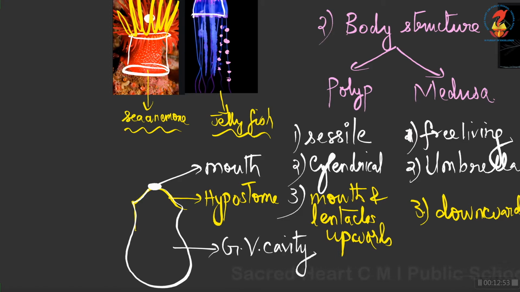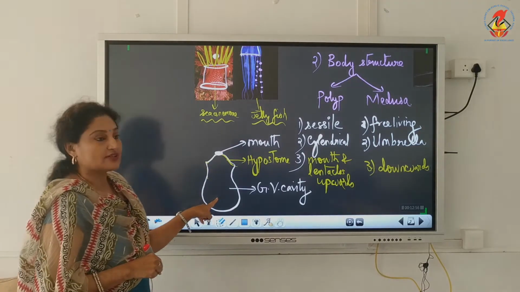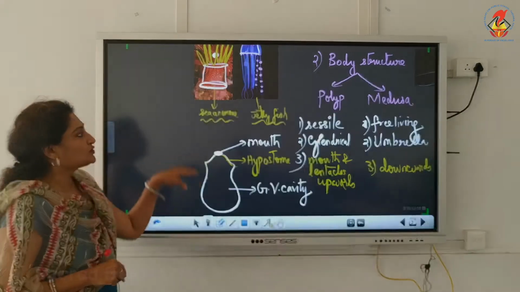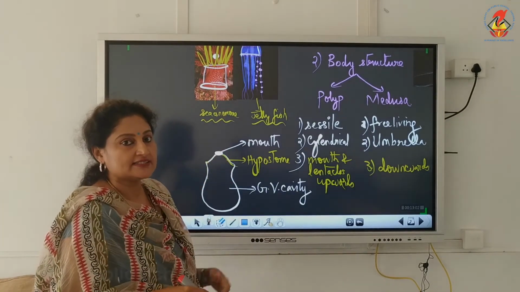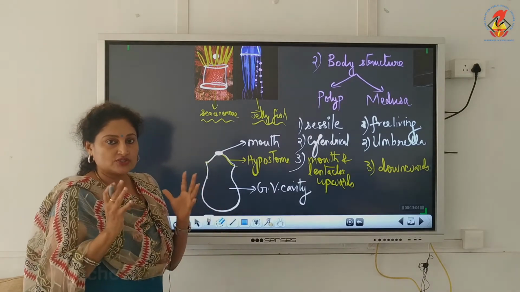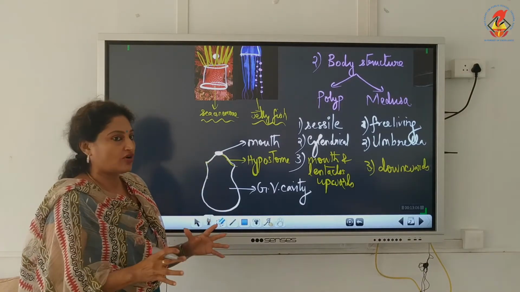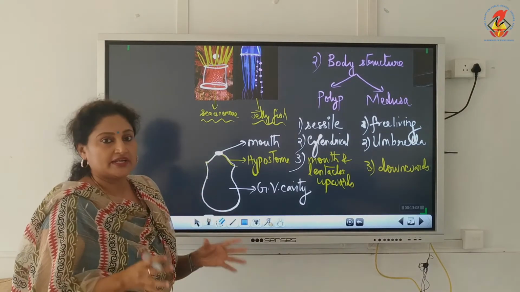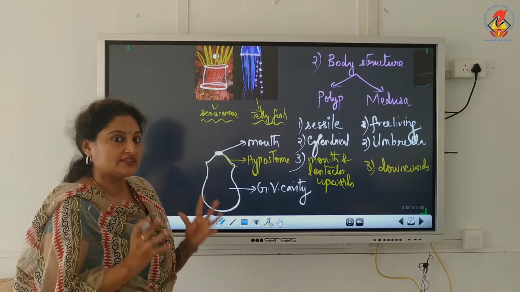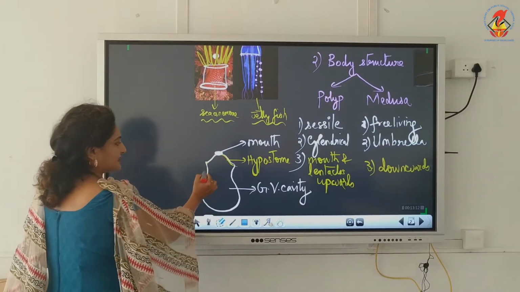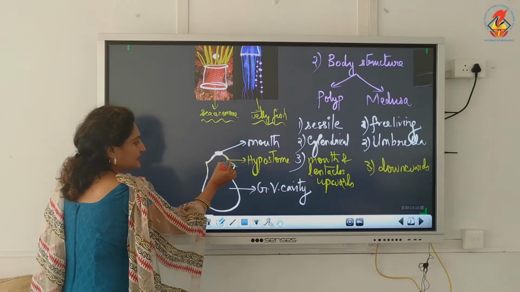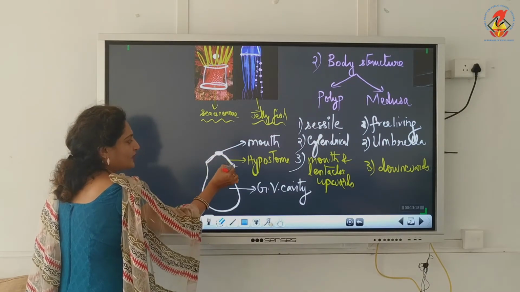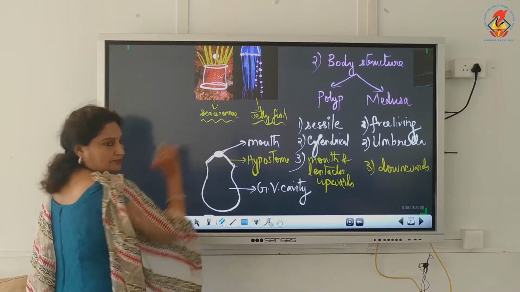So in the previous case in Porifera, what was that cavity? Spongocoel. Here the cavity is called the gastrovascular cavity. So within the body of cnidarians there is a cavity, not a true cavity or false cavity, and it is not acoelomate, it is just a cavity called the gastrovascular cavity, like a sac, which has an elevation called the hypostome, and at the tip of the hypostome is the mouth.